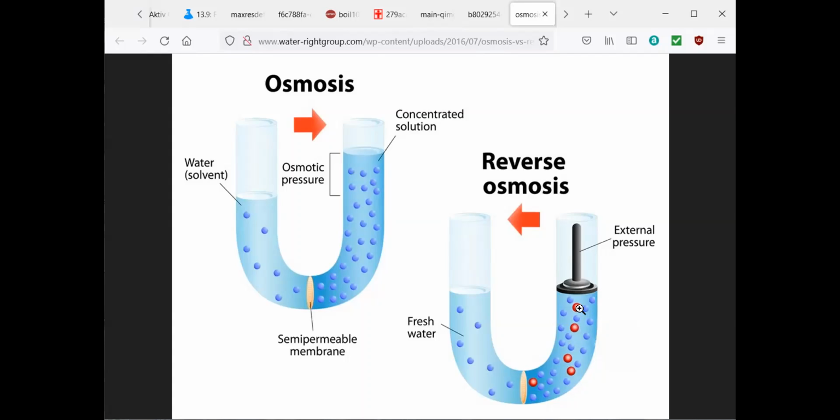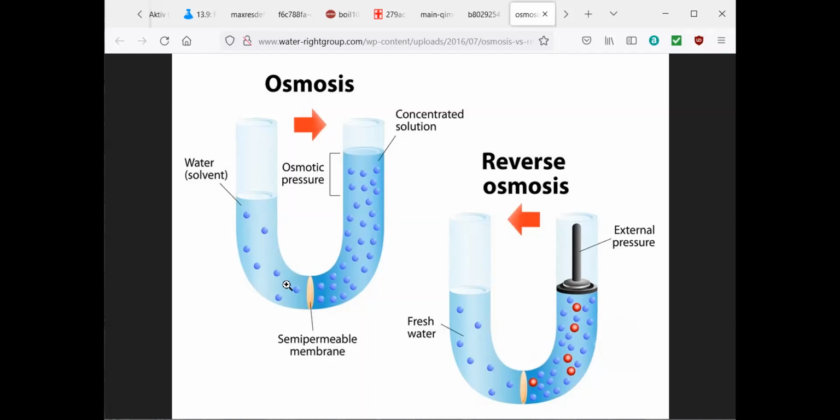My solutes can't pass through my semi-permeable membrane, and by pushing down on it, the only thing that's allowed to pass through this semi-permeable membrane will be fresh water. So we actually collect, in reverse osmosis, the left-hand side and continue to push down, and then we'll have a highly concentrated solution here.